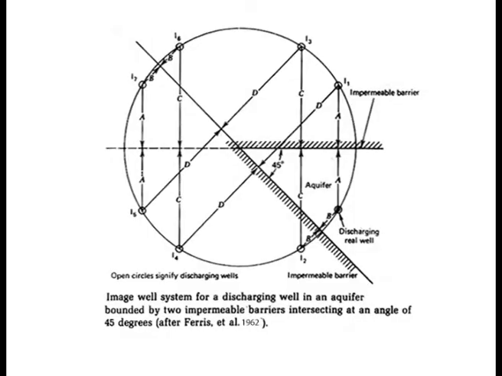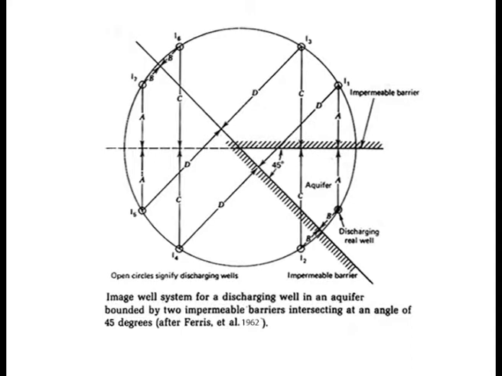Suppose two impermeable boundaries form an angle of 45 degrees. Here the angle was 90 degrees. So it is a wedge-shaped aquifer. If a wedge-shaped aquifer is there, how many image wells are to be put there?